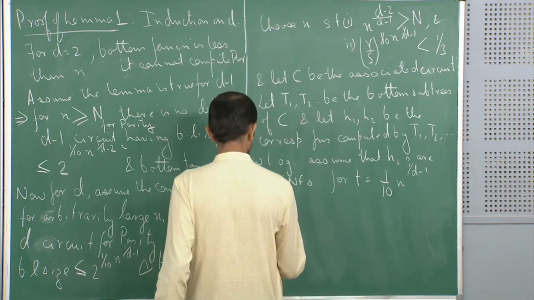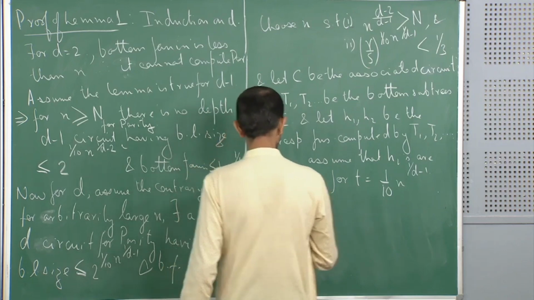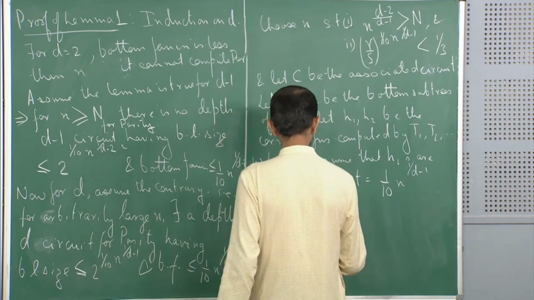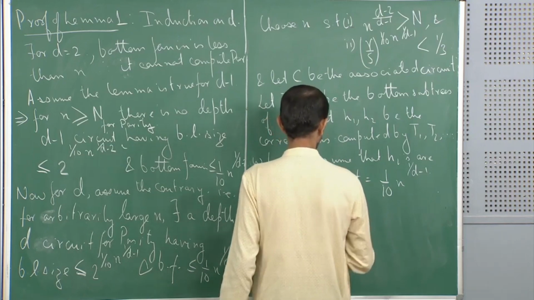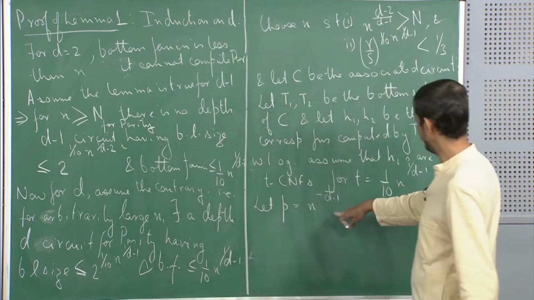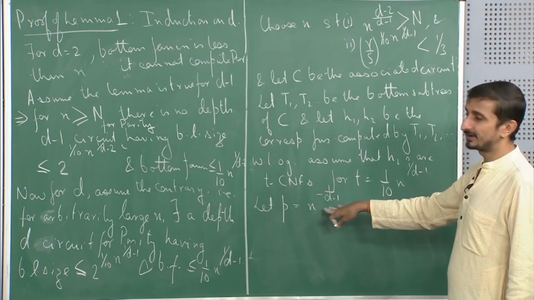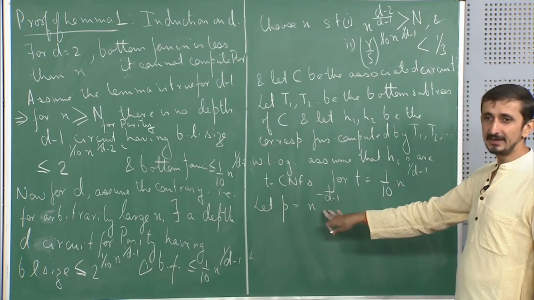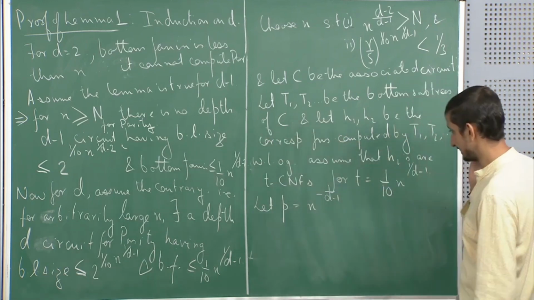I will choose my probability. So, let p be n to the power minus 1 over d minus 1. Now note that for d greater than or equal to 3, this probability is clearly less than half. So, this satisfies my condition that the probability is less than half.